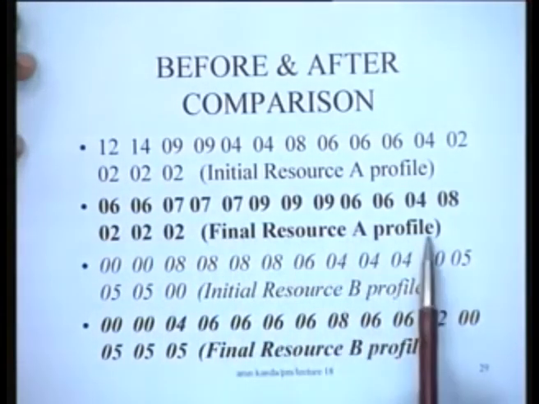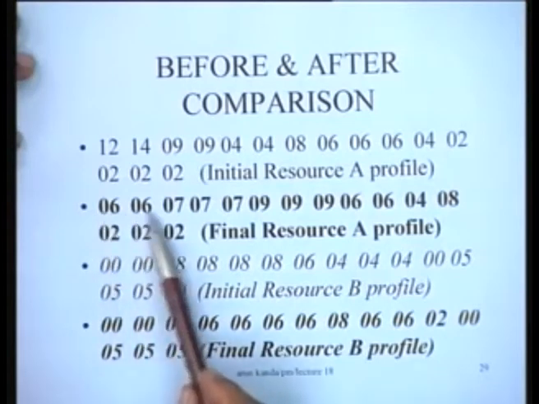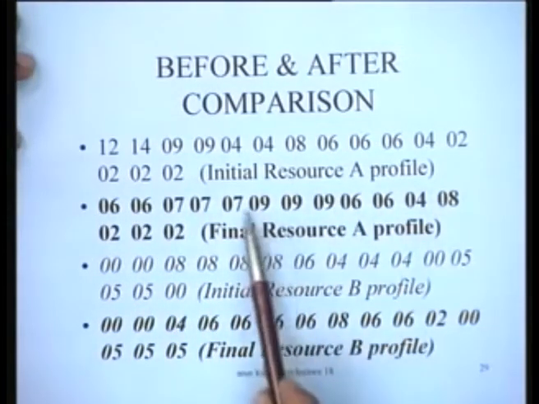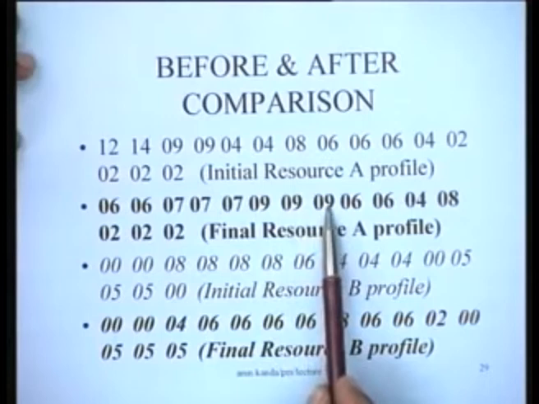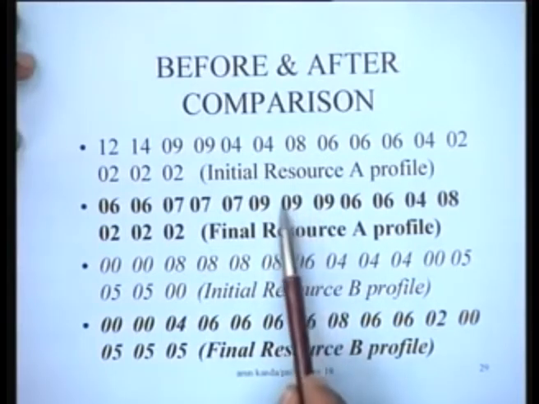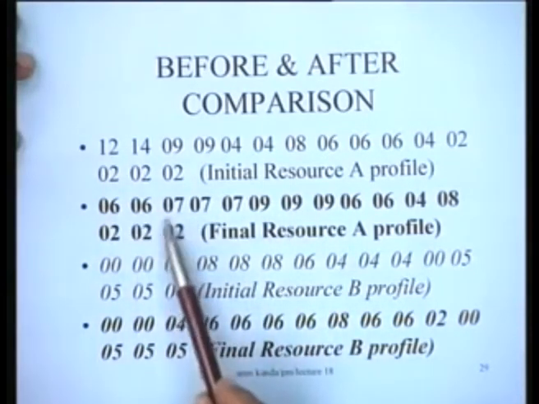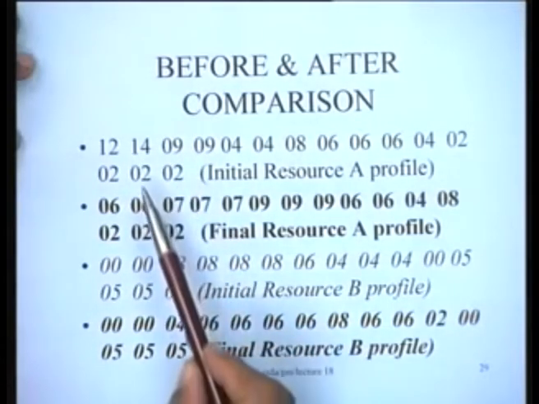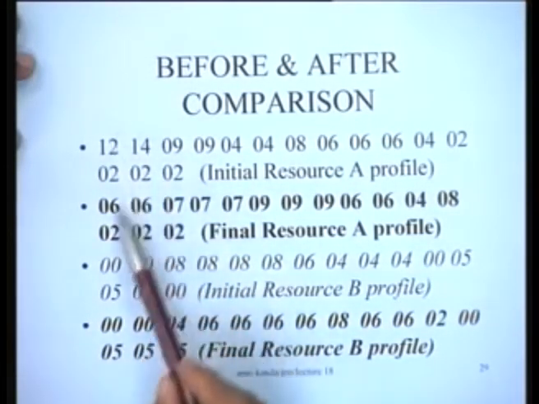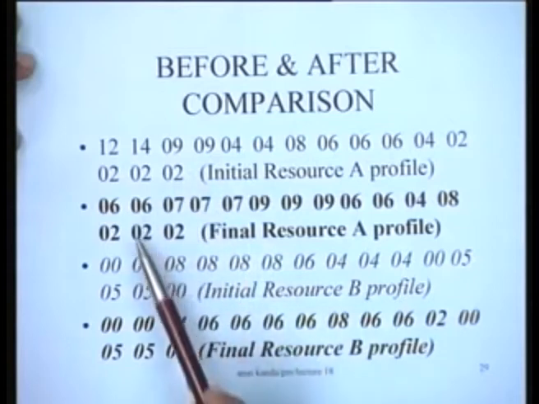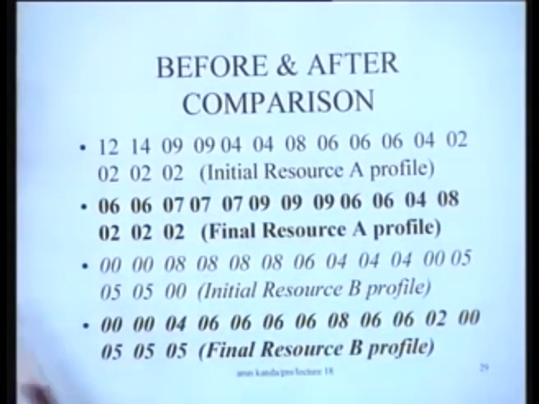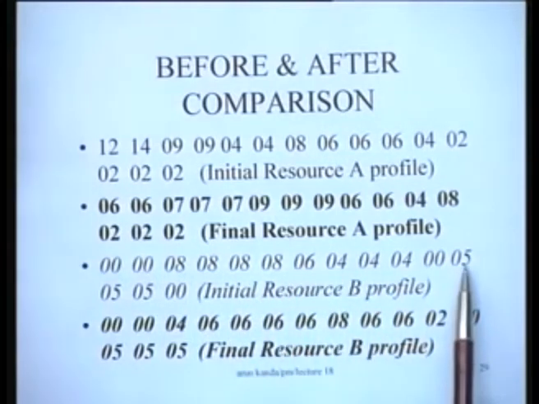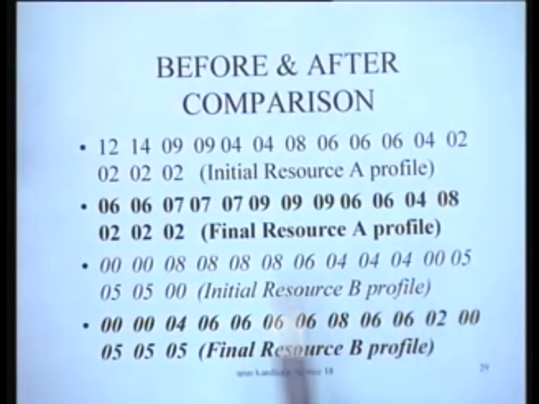Whereas the final resource A profile after this procedure was something like this, so that the peak now was only 9 and it was occurring on these 3 days here. So there was a substantial reduction in both the peak and the total sum of squares for this particular resource. Similarly, for resource B, the initial resource B profile was something like this for that network.